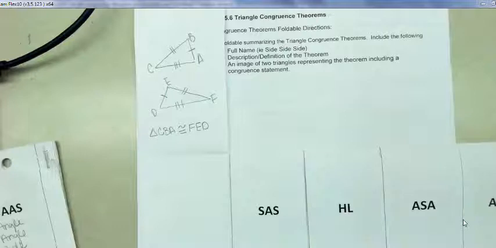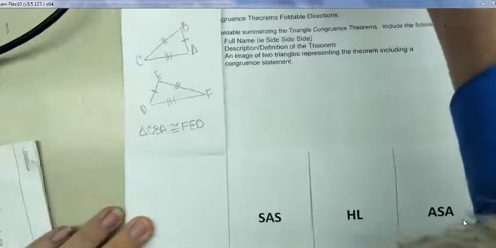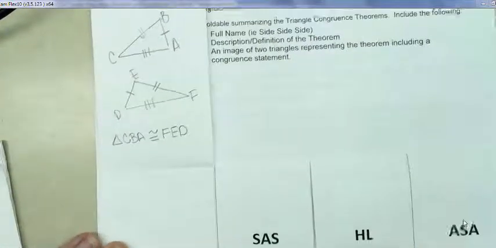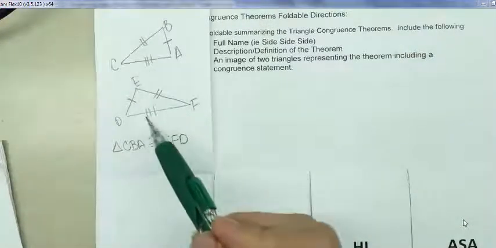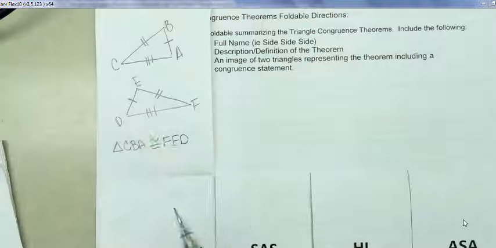So what this is basically saying, let me zoom in a little bit more, is that when I know that all three sides of one triangle are congruent to all three sides of another triangle, then I know that the two triangles are congruent.